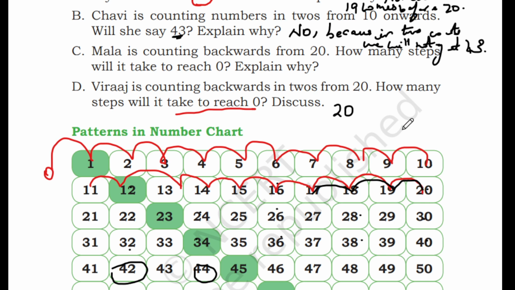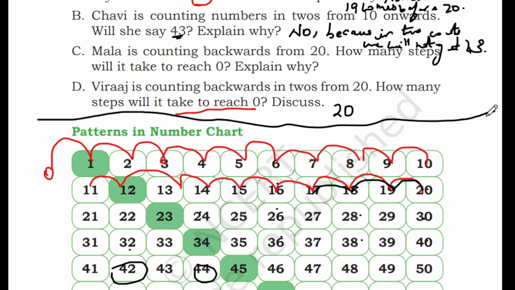Okay. Children, what I advise is you take a long paper and draw a very long line. It starts with number 20 and reaches the number 0. In between you have number 10.